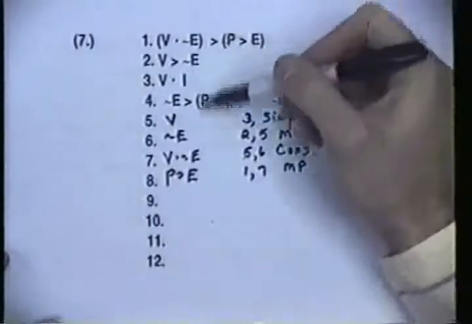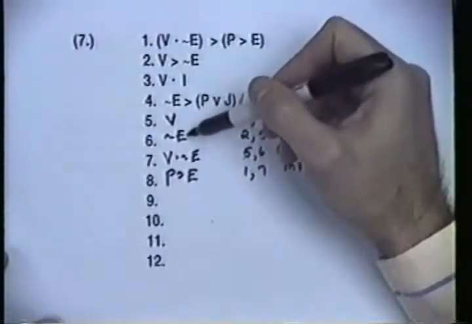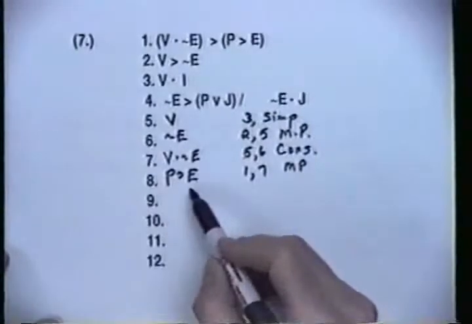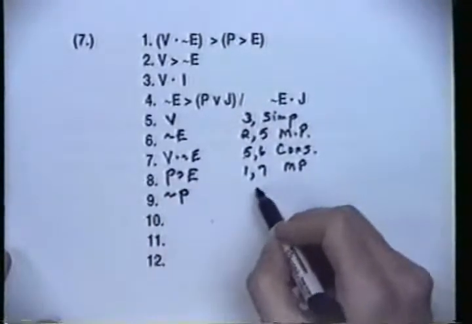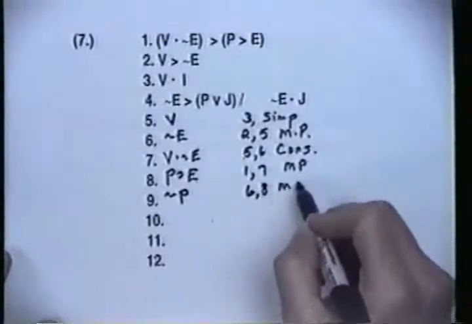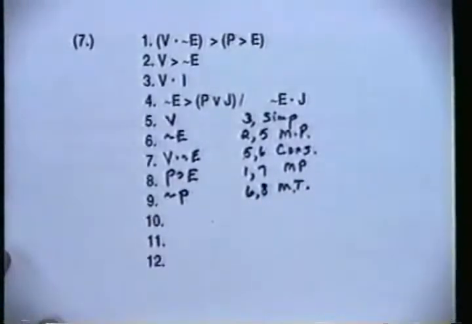And now we have the not E, remember, line 6, so we can do modus tollens on line 8 to give us not P. That is 6 and 8, modus tollens. Now how is that helping us?